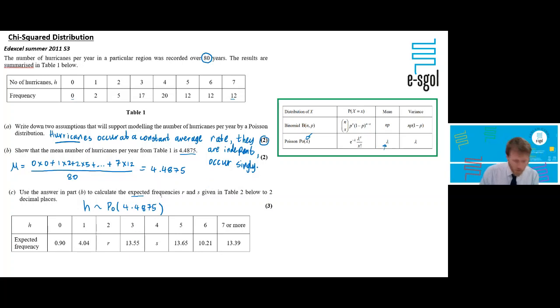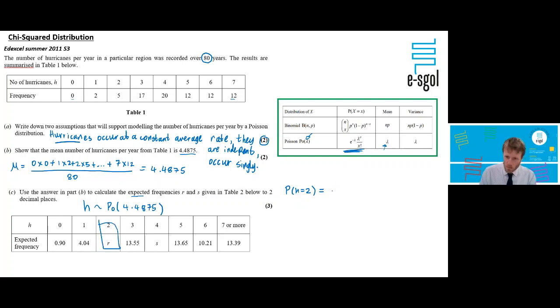Then if we look in our formula book, here's the equation that helps us work out the probability. So the probability that the number of hurricanes in a given year is 2. So we're just going to work out this one.